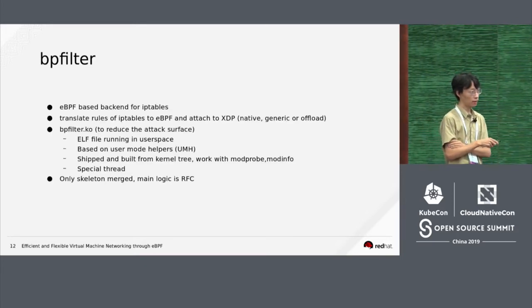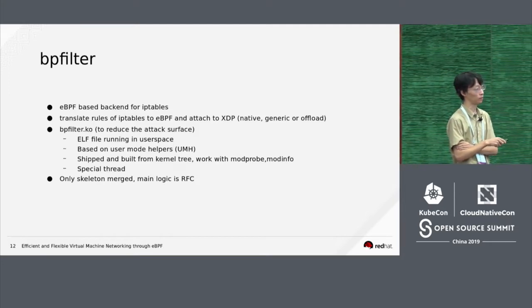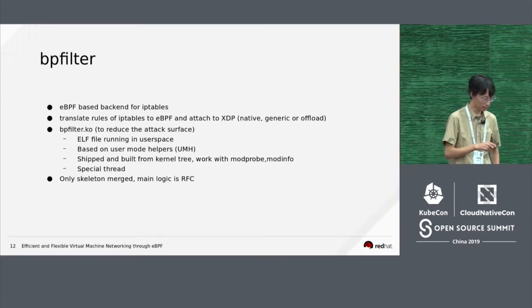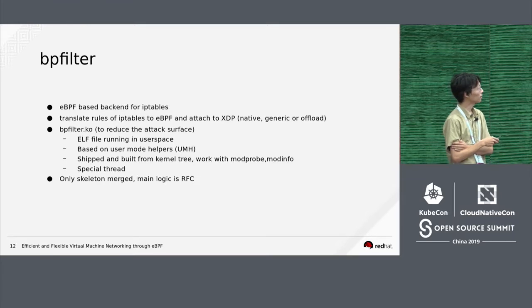First, the eBPF filter, and basically in production environments we are using lots of IP filters, and eBPF is based on the backend for iptables, and in upstream communities they mention this BPF filter, and it's basically based on eBPF. And what did it do?